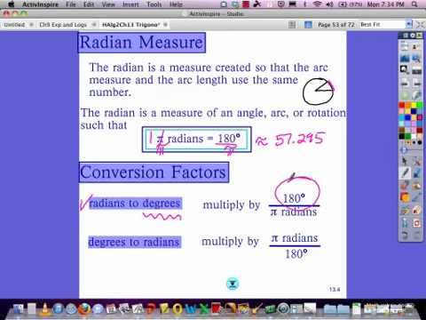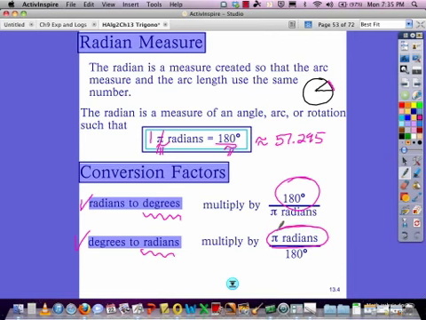Down here, when we've got degrees and we want to change it to radians, start thinking, I want radians remaining. Otherwise, the fractions are the inverse reciprocal, a flip of each other. Whatever you want to have remaining in the final answer is what you should have as your multiplier up top in the numerator. The other piece goes in the denominator.